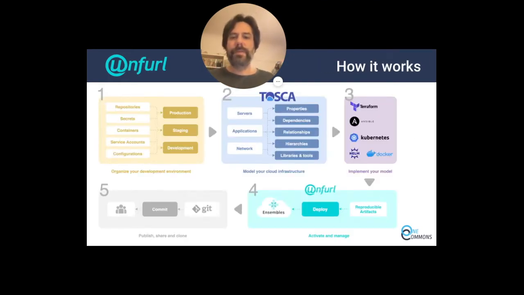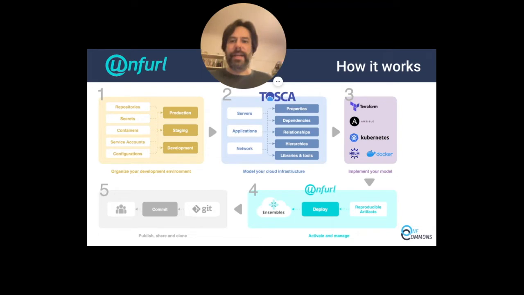And so just to jump into a very, very high level view of how it works. Again, the steps to setting up and using Unfurl. First step is there's a notion of environment. So you can create different environments that you deploy into. Those environments are generally associated with a particular cloud provider, and they're more than just environment variables.